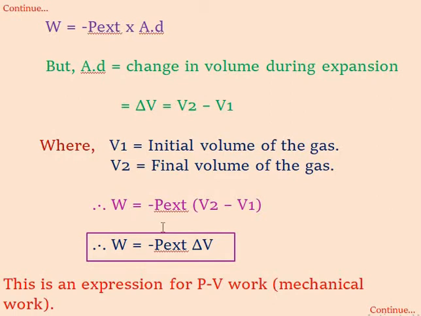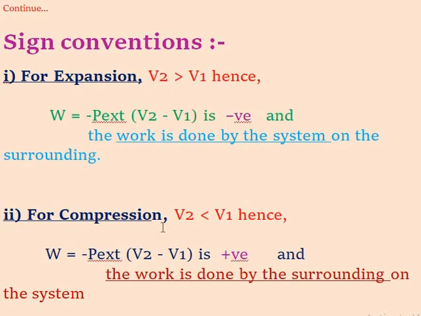There are some conditions, that is, the sign conventions for expansion and compression, when V2 is greater than V1 and when V1 is greater than V2. For expansion, V2 is greater than V1, hence V2 minus V1 is positive, but because of the minus sign in minus P external, the work done is negative, and the work is done by the system on the surroundings.